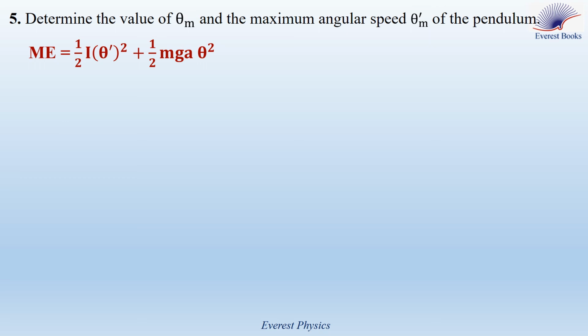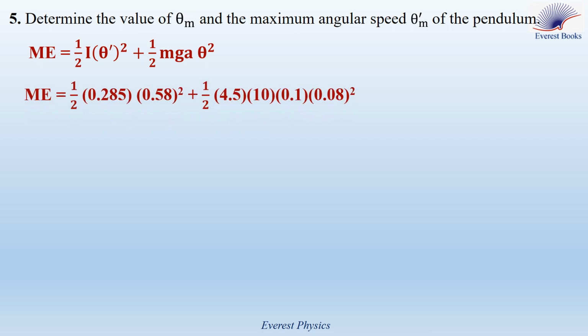Also, in the beginning of the question, we said that the pendulum is shifted by an angle of 0.08 radians, and then it is given an angular velocity of 0.58 radians per second. So let's replace each physical quantity by its value. I is already calculated, which is 0.285 kilograms meter squared, and theta prime in the beginning of the oscillation is 0.58 radians per second.